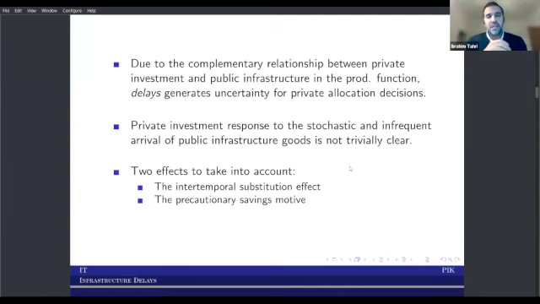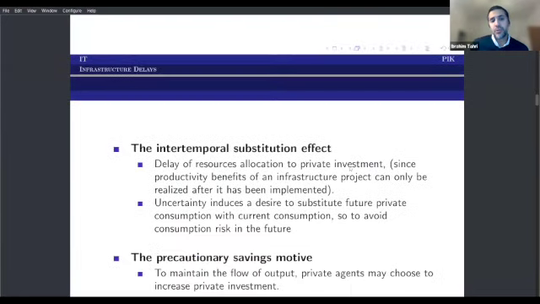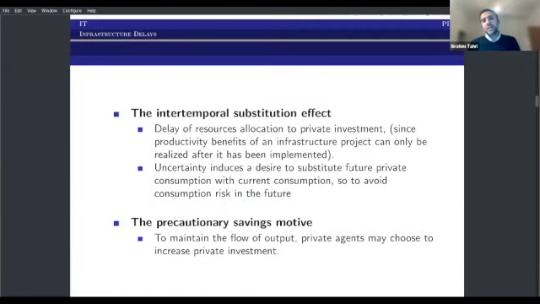It is not really clear what happens, because there are two effects that can take place: the intertemporal substitution effect and the precautionary saving motive. The intertemporal substitution effect is basically the delay of resource allocation to private investments, since the productivity benefits of an infrastructure project can only be realized after it has been implemented.